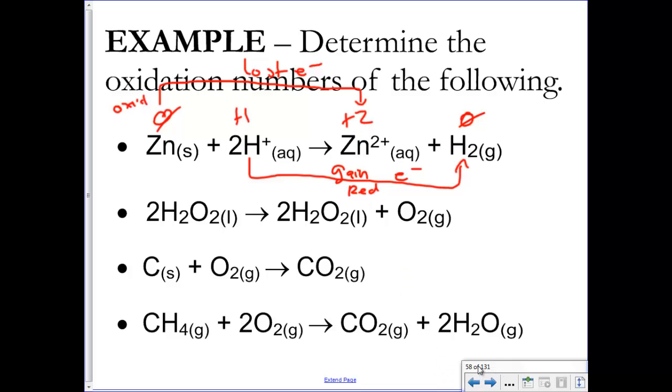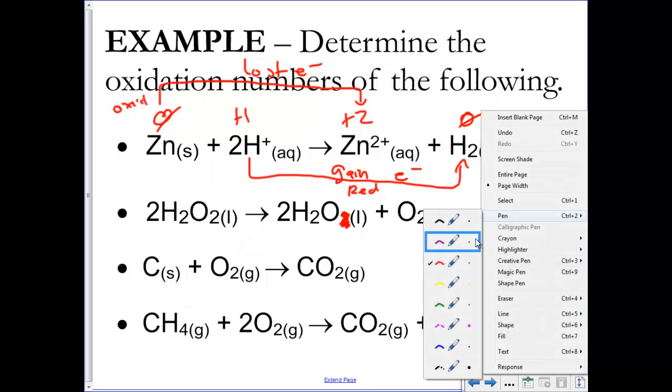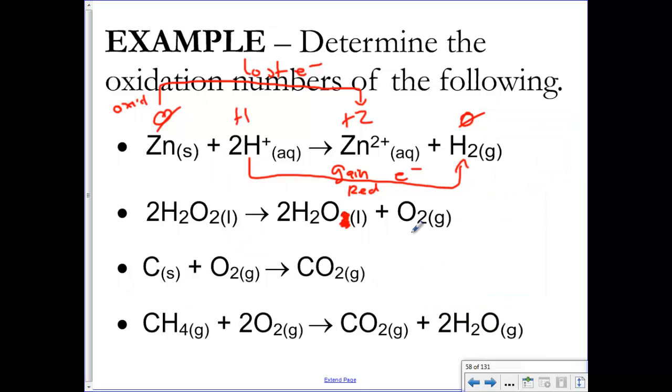This one's screwed up. There's not supposed to be a 2 right there. Yeah, I screwed up. Alright. So on this one, let's start with this oxygen. He's a 0. Normally oxygen's a -2, but it's oxygen as an element, so it's a 0.